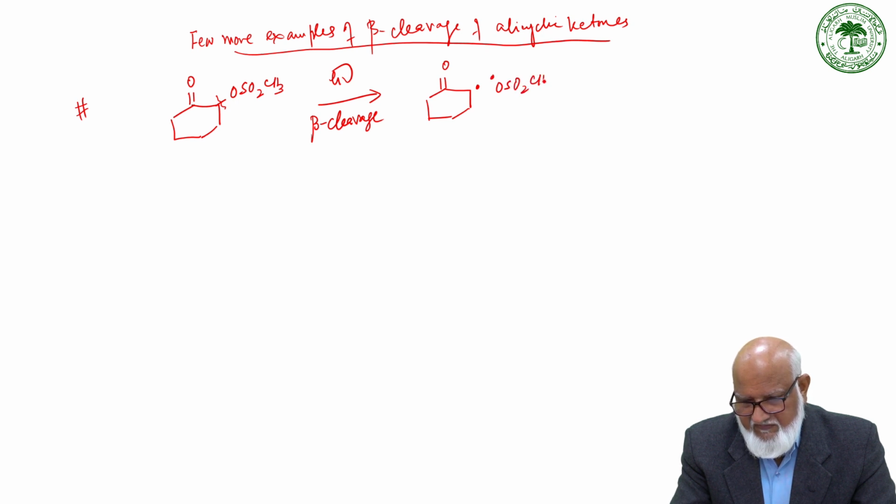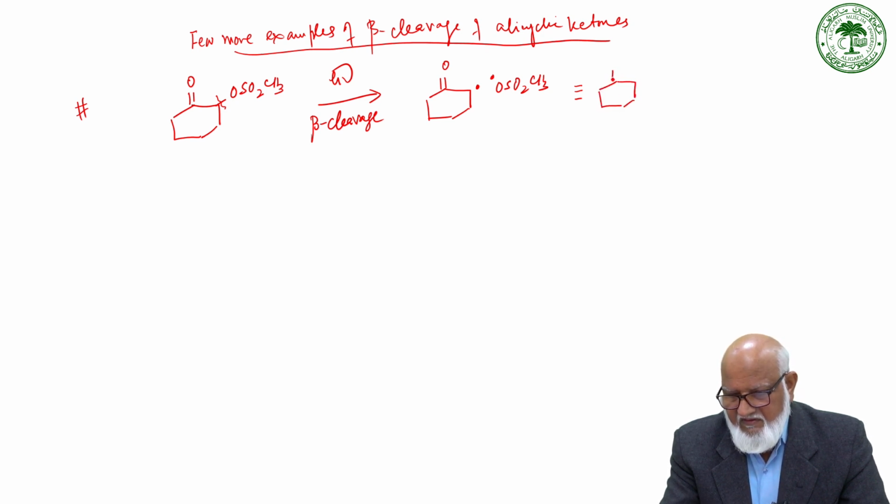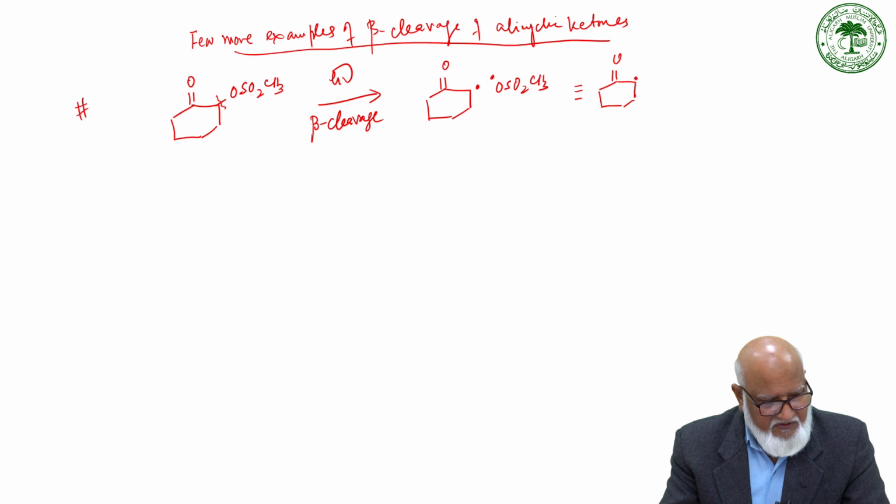OSO2CH3. It has also been found that they may exist as a zwitterionic species, so this may also exist as a species with the positive charge.